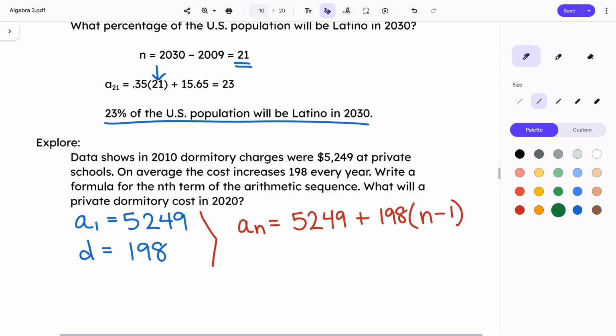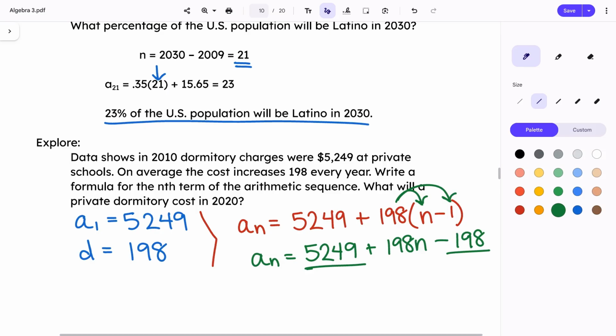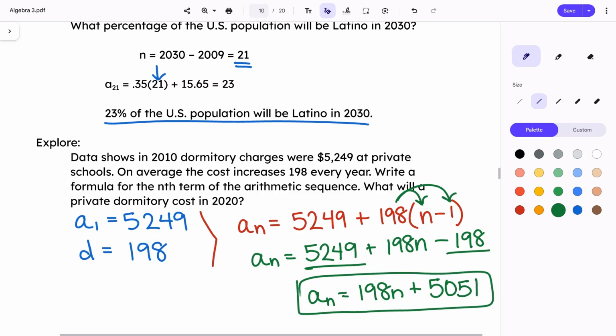We would start first by distributing. And you should be able to combine just the numbers here. So it's 198n, and then what? Plus, good, 5,051. Okay, so here's our equation that we're going to use.